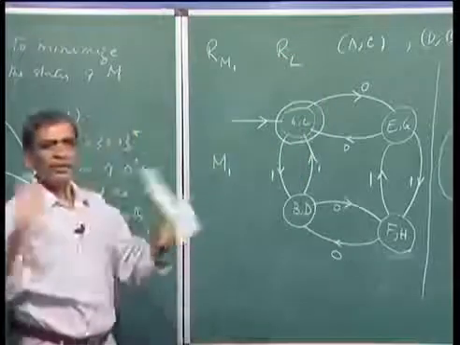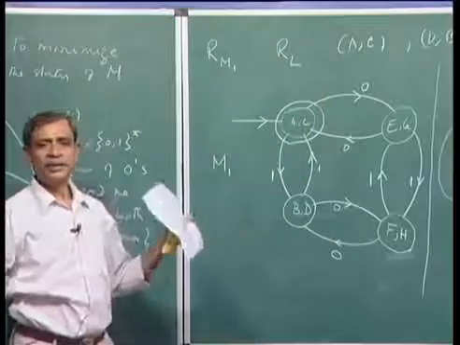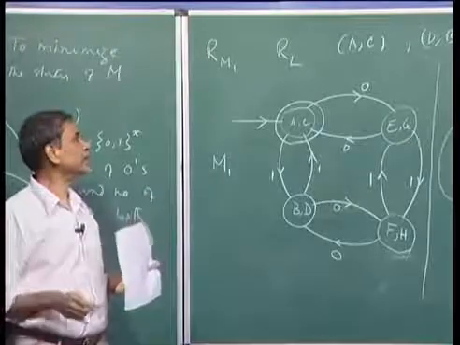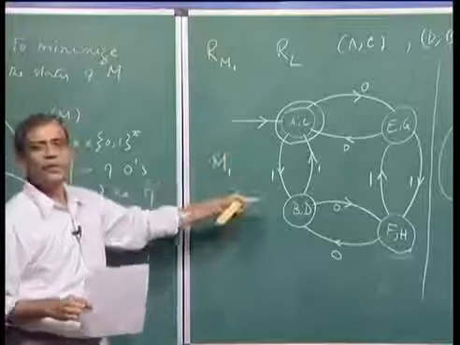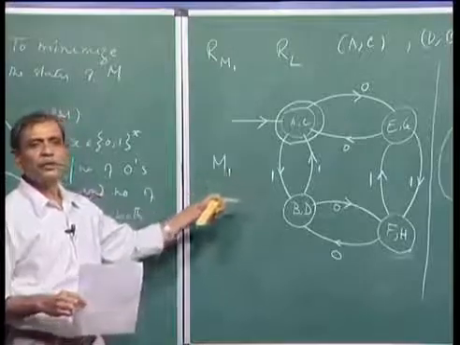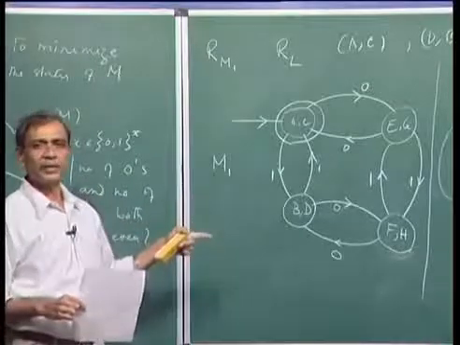That is, these two partition sigma star identically, and therefore this machine will be the machine which has the minimum number of states.